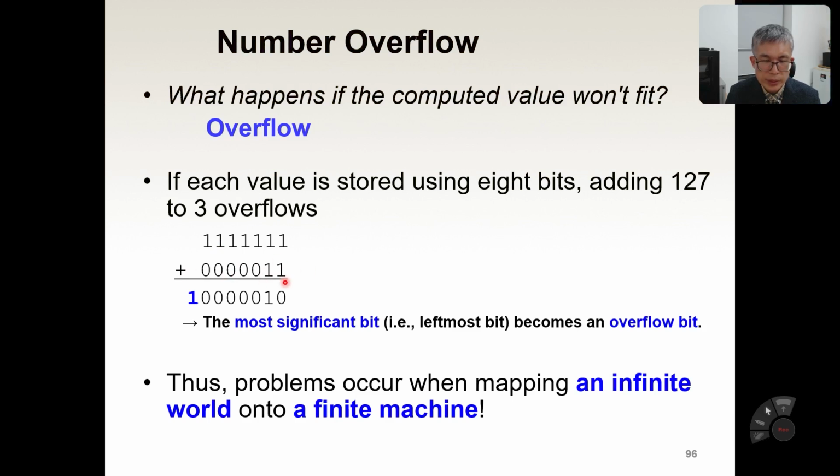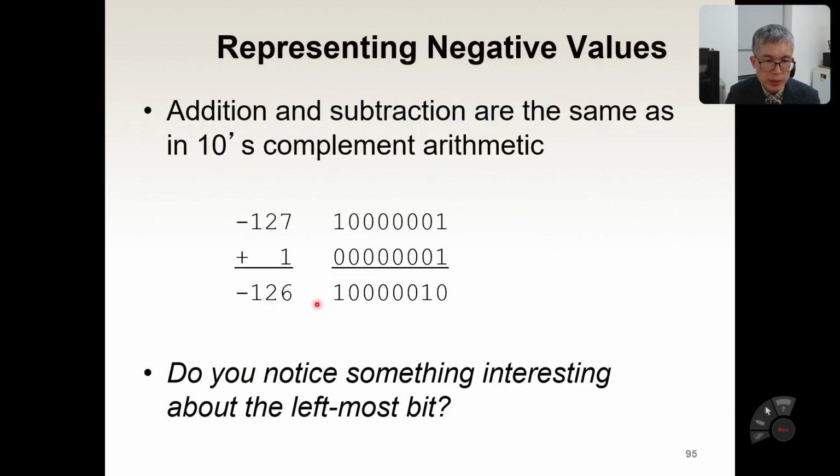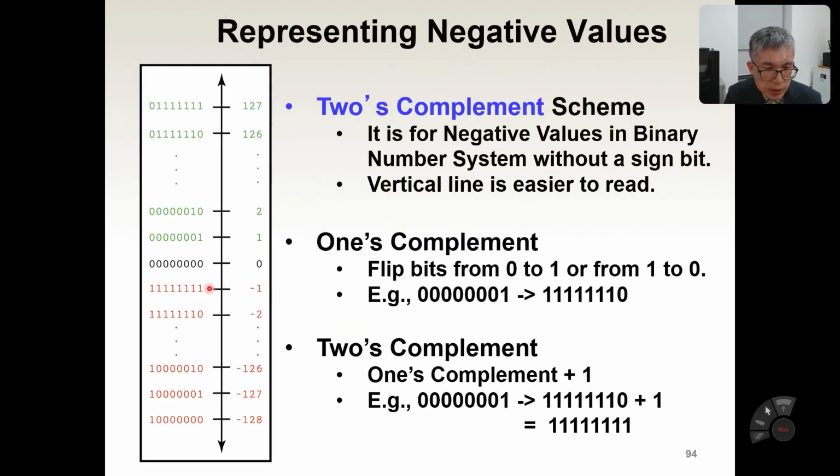Okay, 3. So 3 minus this one. So the 3 is actually here, right? So we have this one, minus 1, and then 3, right?